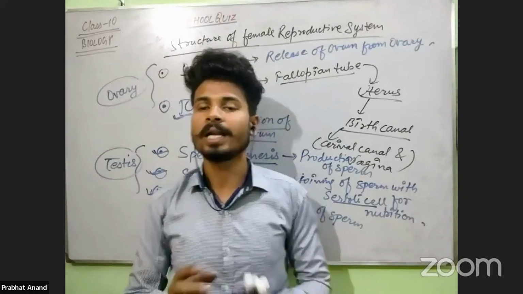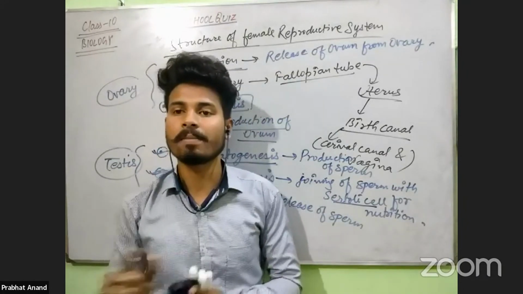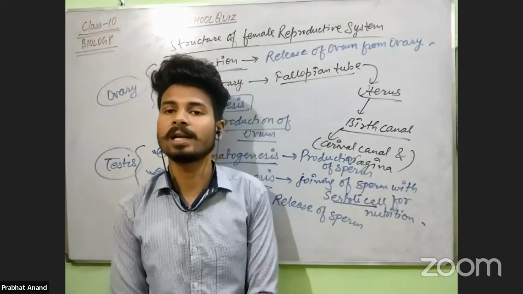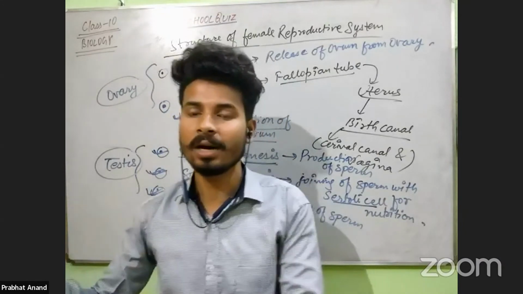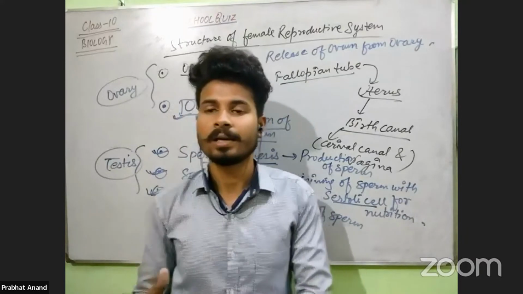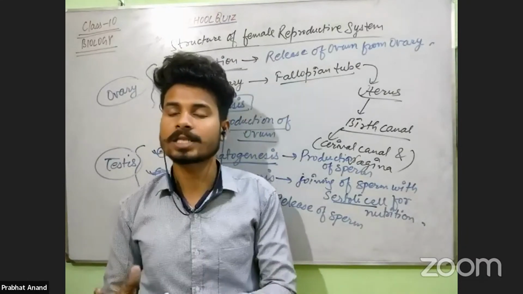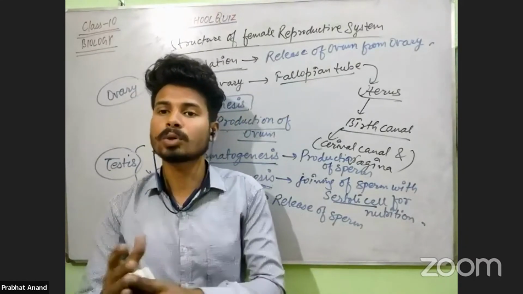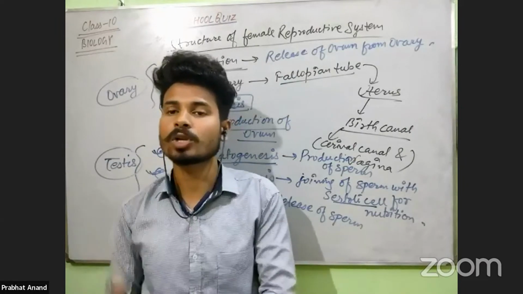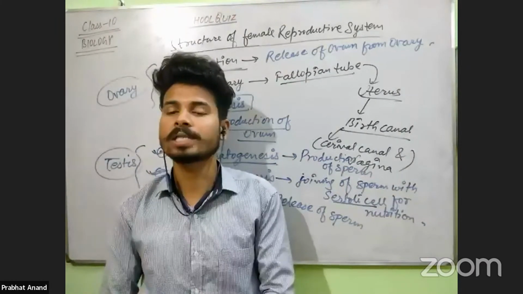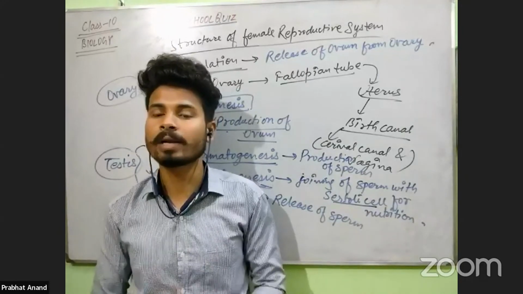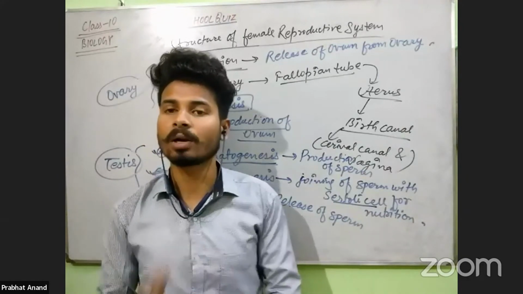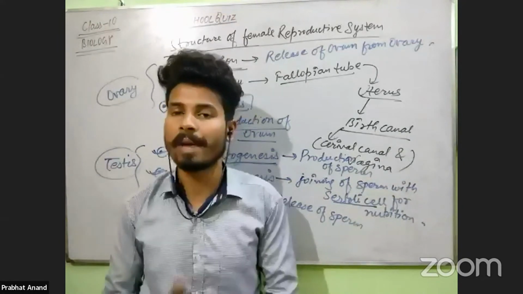We will take these things in a diagrammatic way. I will show how the ovulation cycle occurs in the ovary. Please join the next session also. We haven't cleared all the points on the menstrual cycle right now, because we were talking on the topic of the female reproductive system.